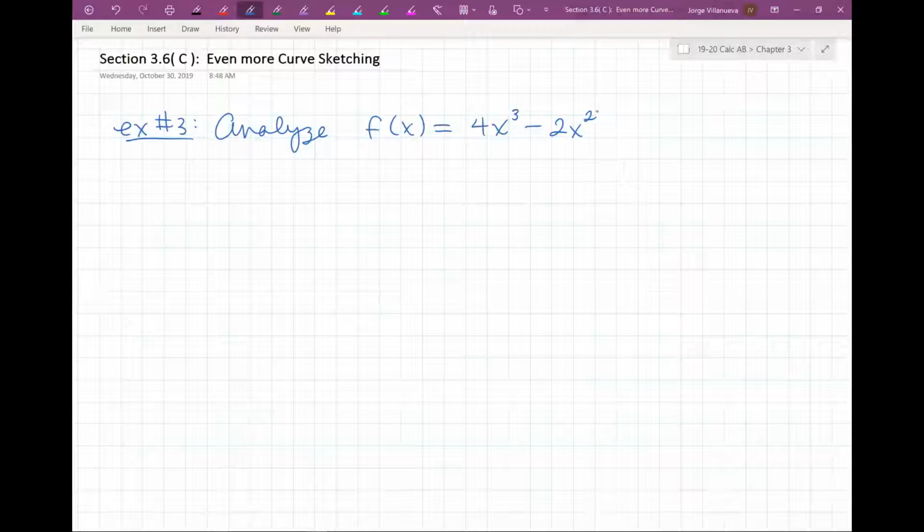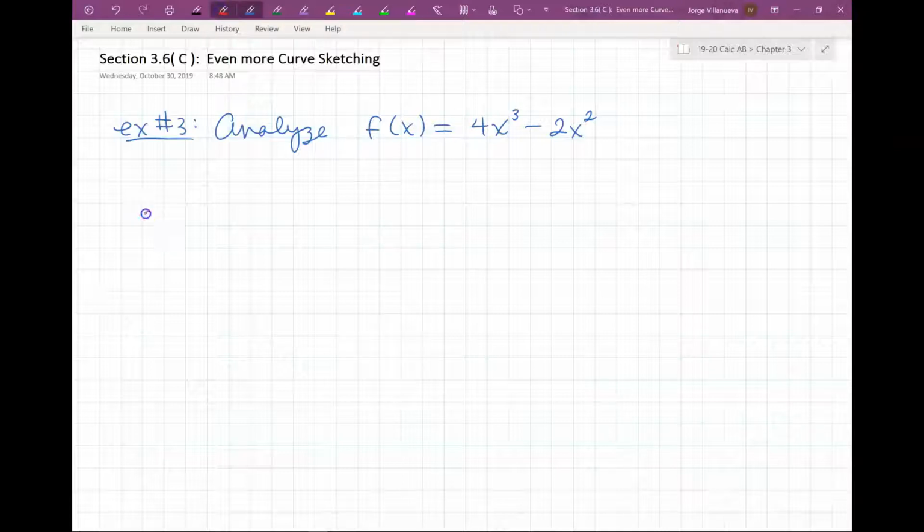Okay? So remember, when we do this stuff, what we want to try to figure out is what is my x-intercept, y-intercept, my asymptotes, if there are any, and things like that. So first off, I'm going to have to take a derivative of this at some point, but I've got to find my x and y intercepts.